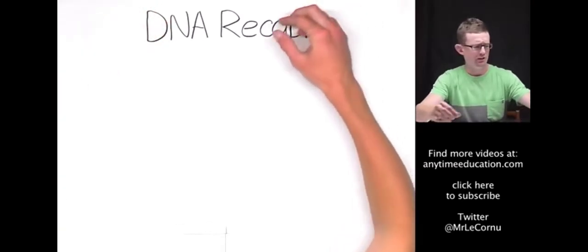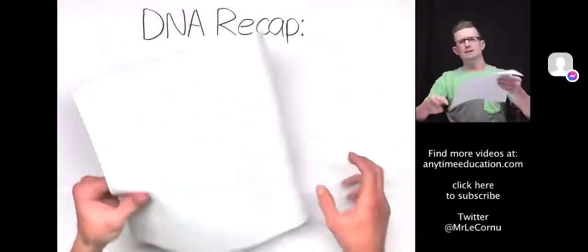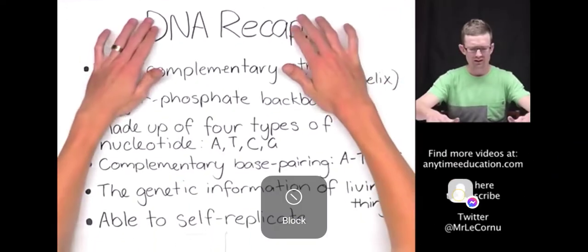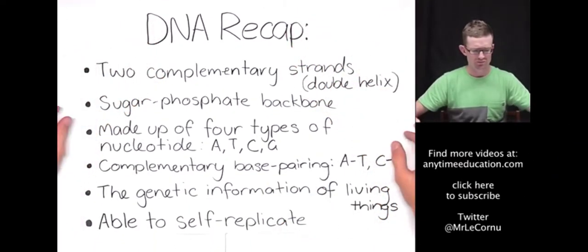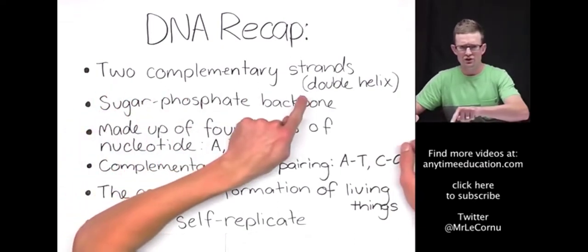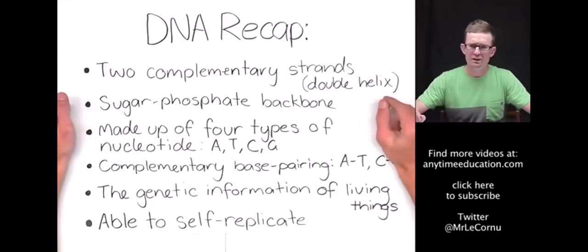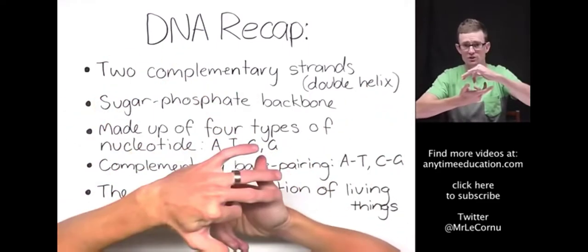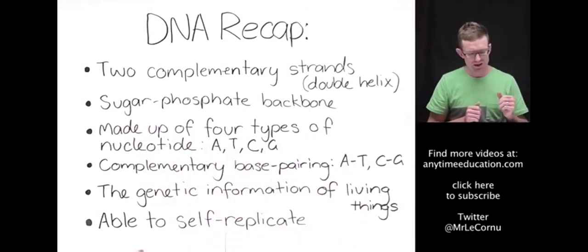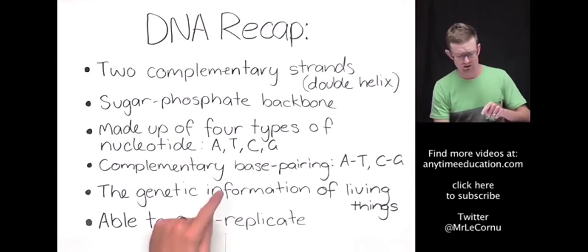Right, in the DNA video, we went through the main points and features of our DNA molecule. First of all, DNA is two complementary strands. We call it a double helix. It's like that ladder which has been twisted up. It has a sugar-phosphate backbone. It's made up of 4 types of nucleotide.